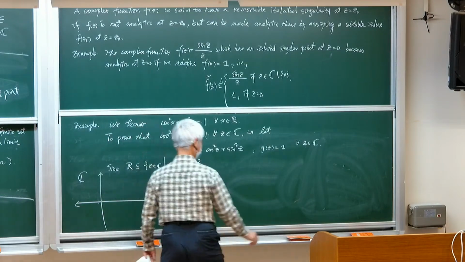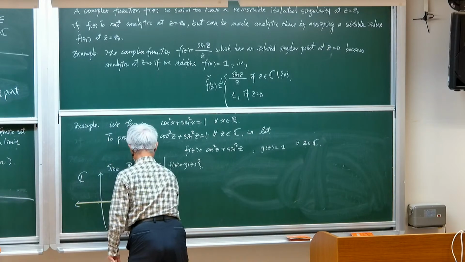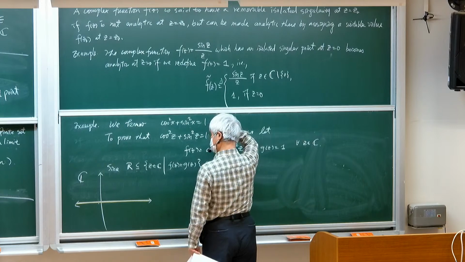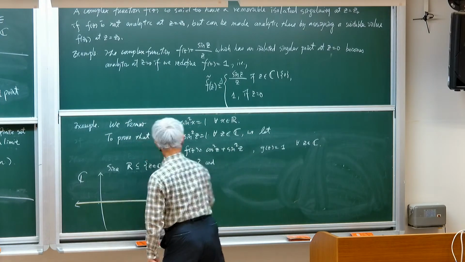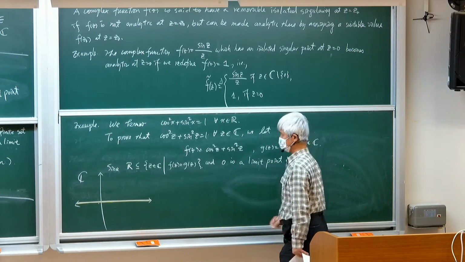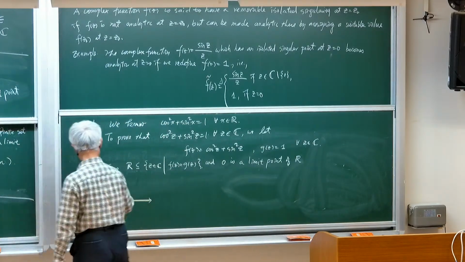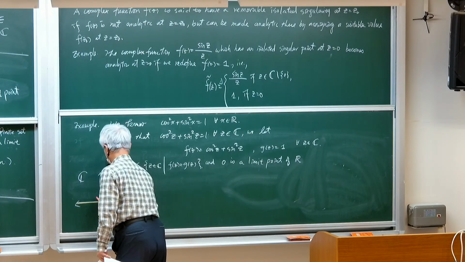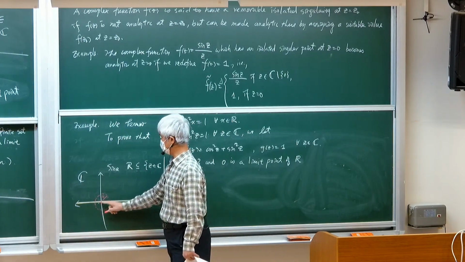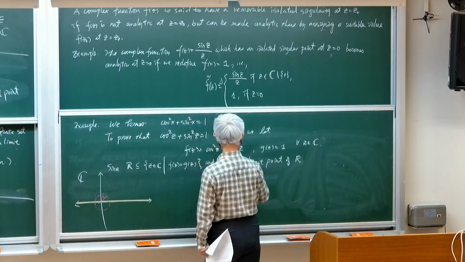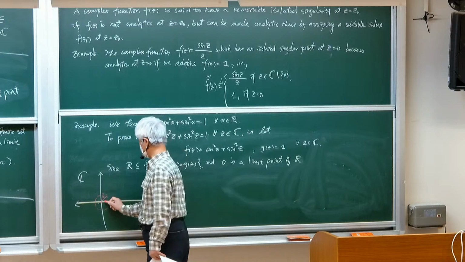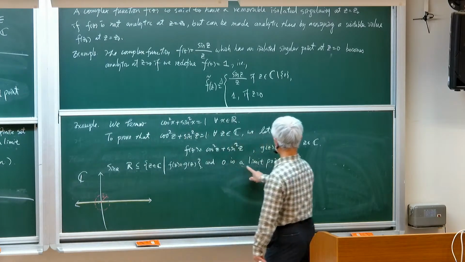And 0 is a limit point of R. If you consider an arbitrary neighborhood of 0, you see that any neighborhood of 0 contains a point of the real line other than the center, because there are many points here. So 0 is a limit point of R.